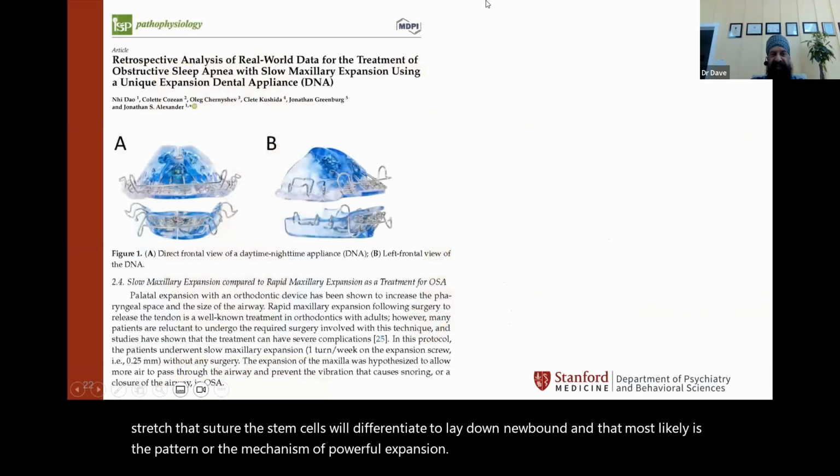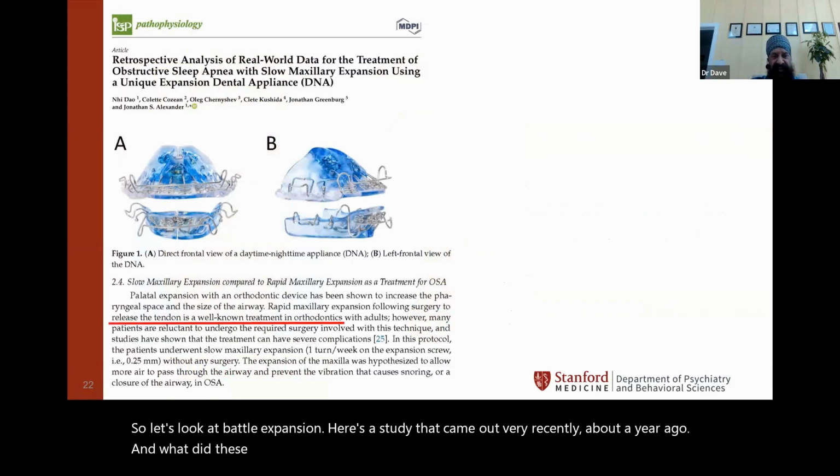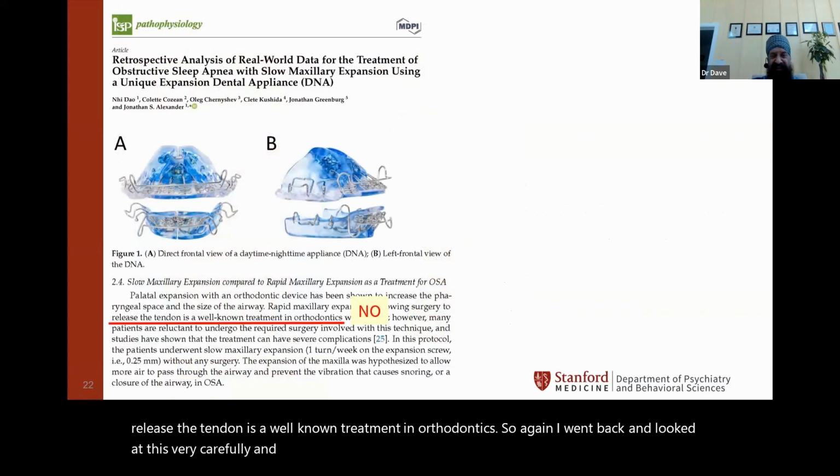So let's look at palatal expansion. Here's a study that came out very recently, about a year ago. And what did these people say? They said that rapid maxillary expansion following surgery to release the tendon is a well-known treatment in orthodontics. So again, I went back and looked at this very carefully, and that is an erroneous statement. It's incorrect.